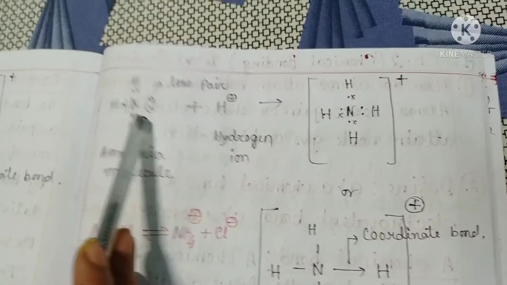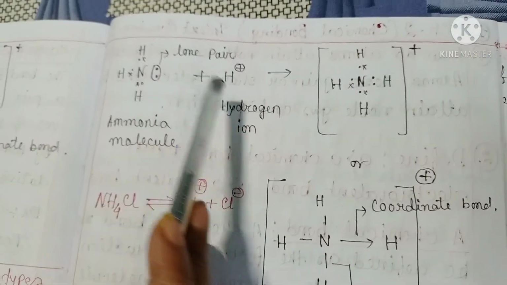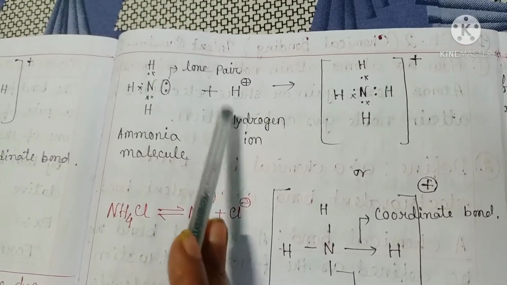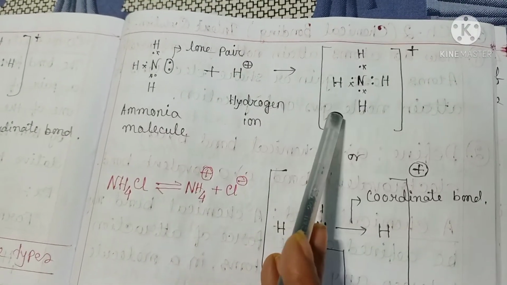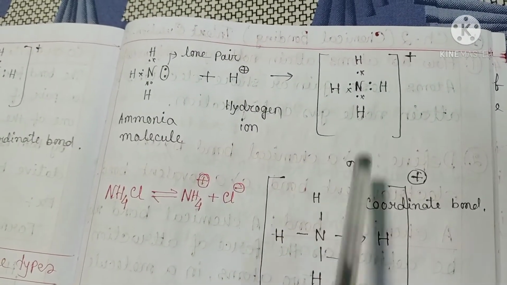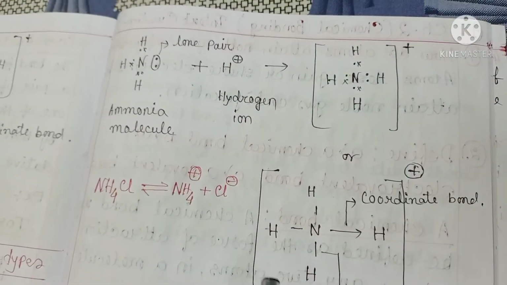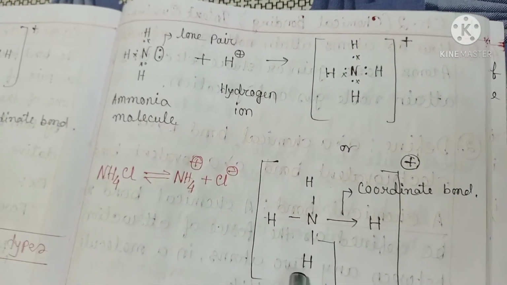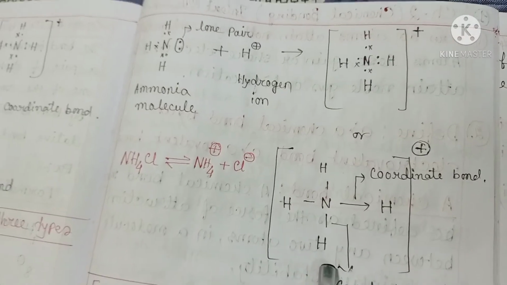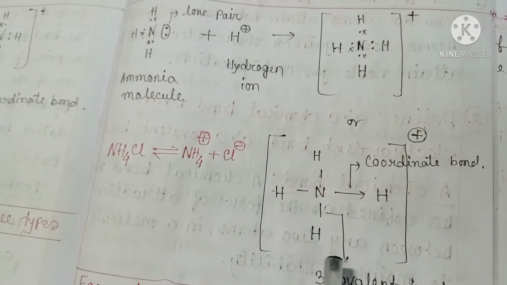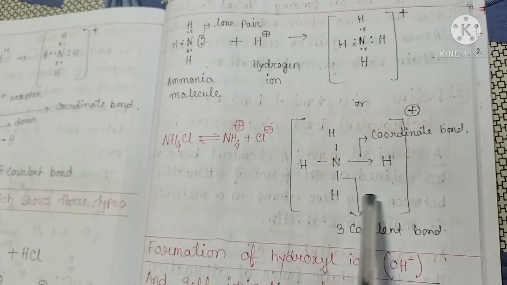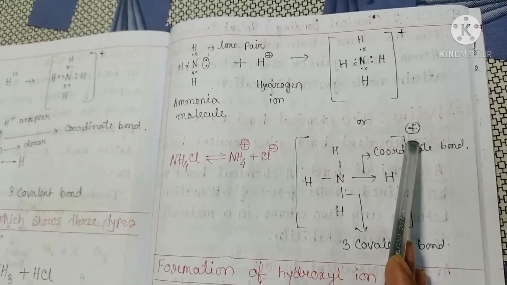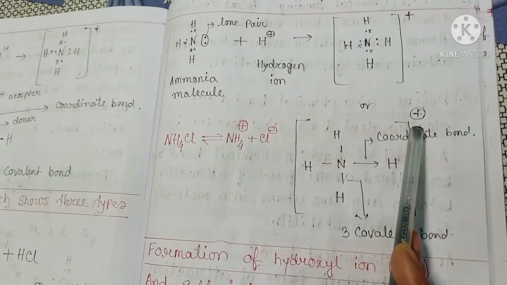Once this bond is formed, all the 4 N-H bonds become identical. The linkage forms an ammonium ion having a single positive charge.